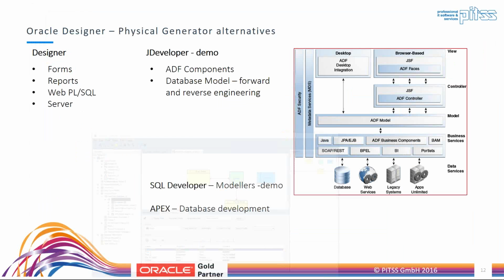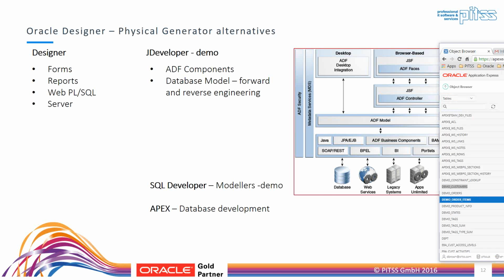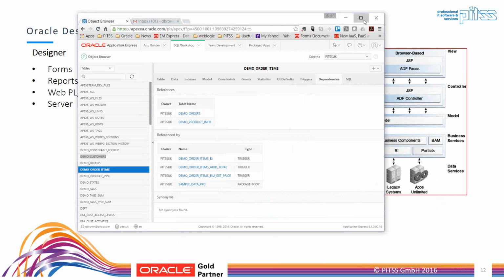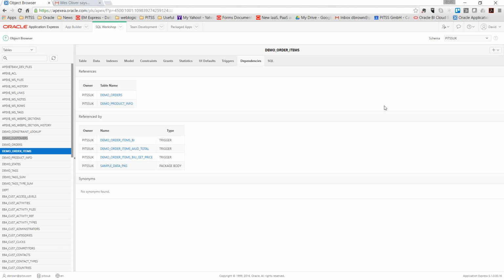The other thing I wanted to show you very, very quickly was, if I can find it here, here we go. Our friend Apex, this is actually a 5.1 pre-release version, but there's a little bit of information that again we had in the Designer repository.